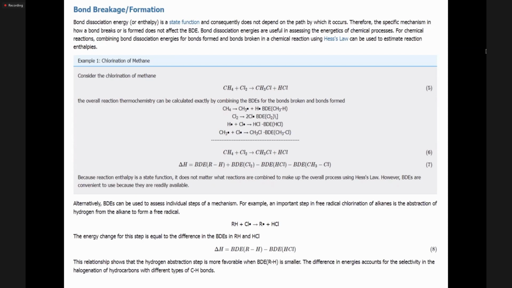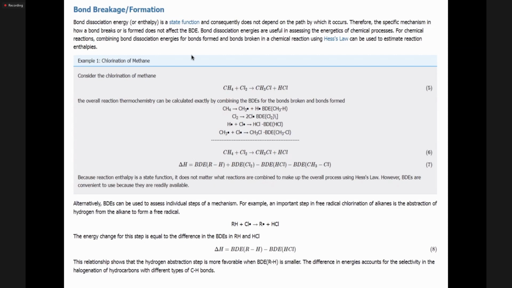Now let's take up this reaction. Whenever we are calling it a bond dissociation energy, that is an enthalpy. So BDE is actually an enthalpy parameter and it is a state function. And since it is a state function, as you know, a state function's value does not depend on the path that it chooses.